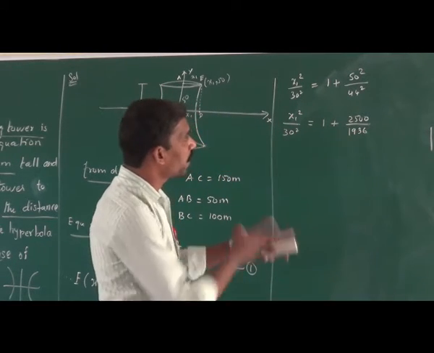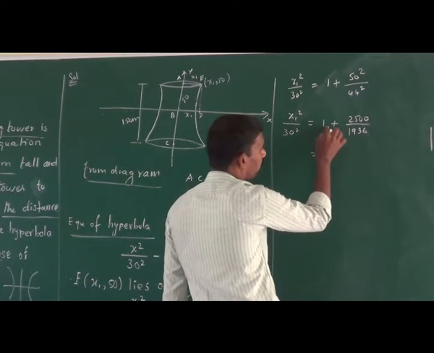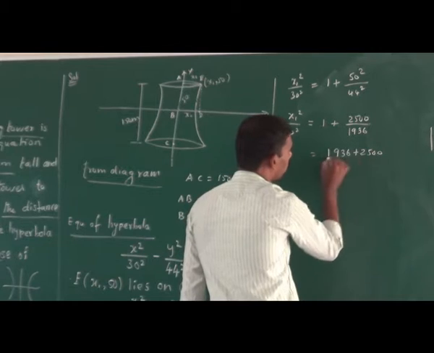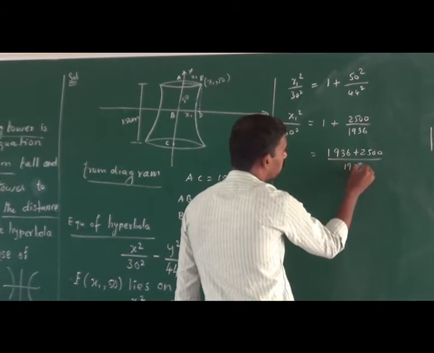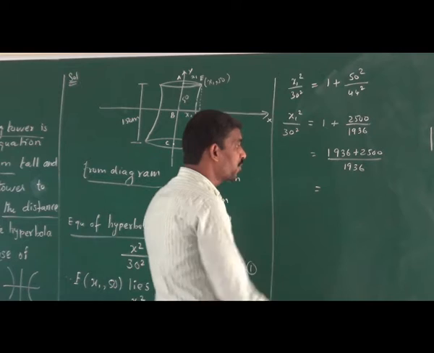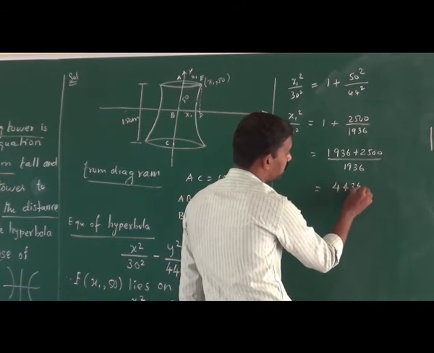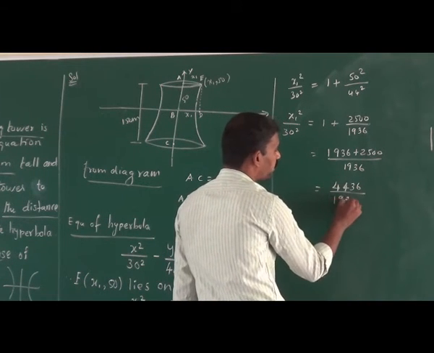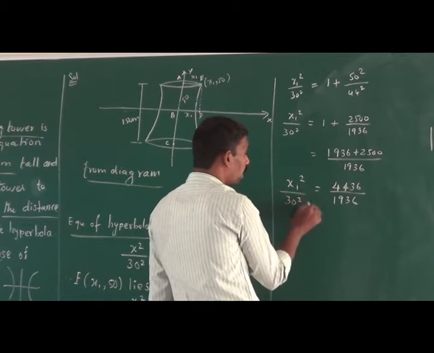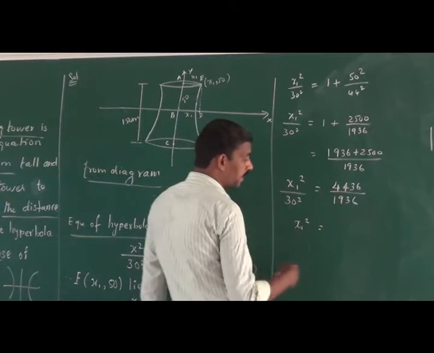Now we want to add by cross multiplying: 1936 plus 2500 divided by 1936, which gives 4436 divided by 1936, equal to x1 square divided by 30 square. Now we need x1 square only, so the divide term goes to that side and becomes multiplication.